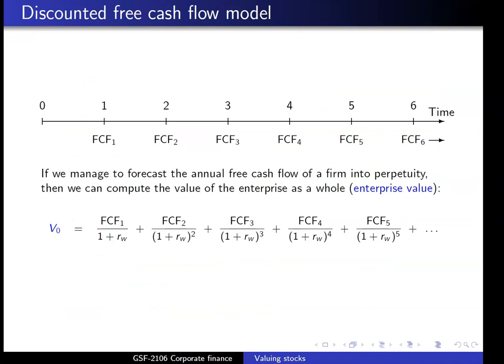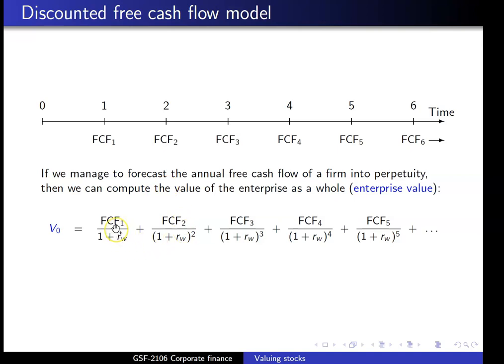So if we can forecast the company's balance sheet and income statement forever, we can compute a sequence of free cash flow for this company forever into perpetuity. And discounting the free cash flow that are expected into infinity gives us enterprise value. So enterprise value is the present value of the company's free cash flow forever.